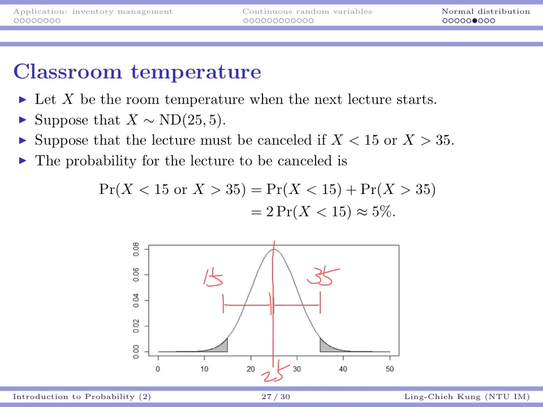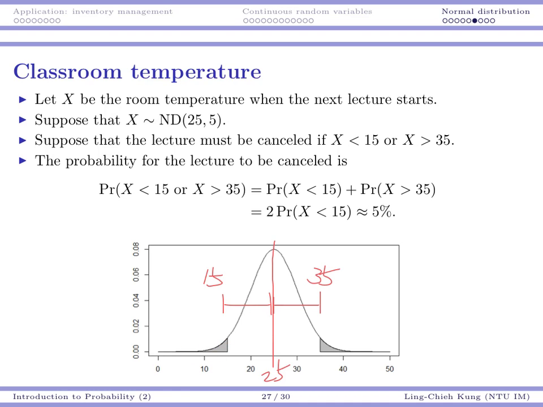So that's why, according to the symmetry of the curve, you can see that this part and that part, the two shaded areas, are exactly the same and they have the same area. Okay, so that's why you have this equality. And that's why this probability and that probability are the same.